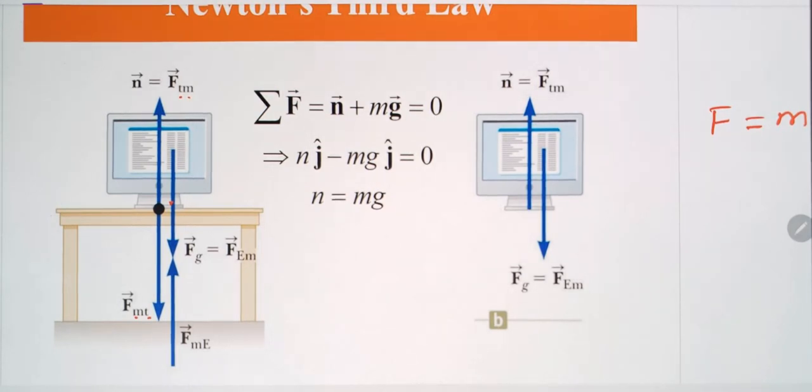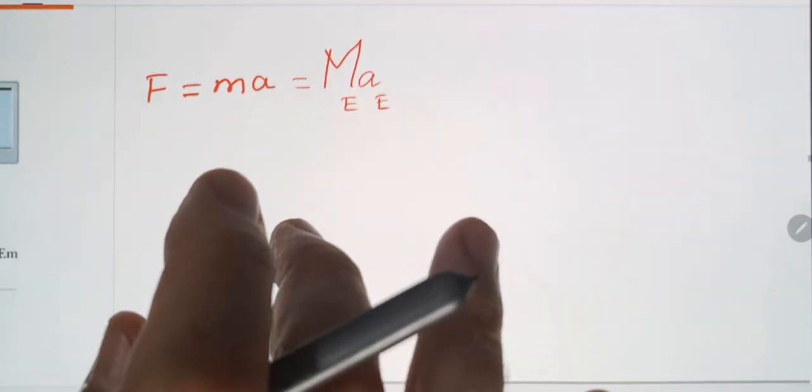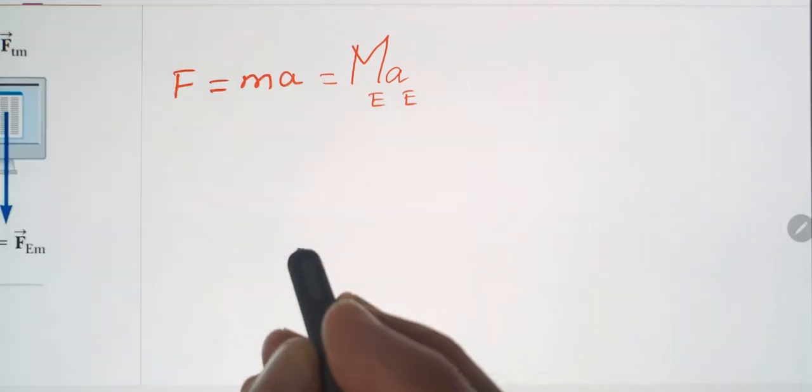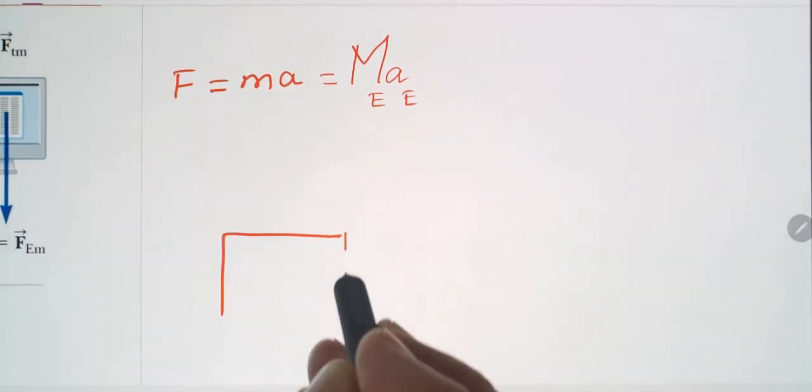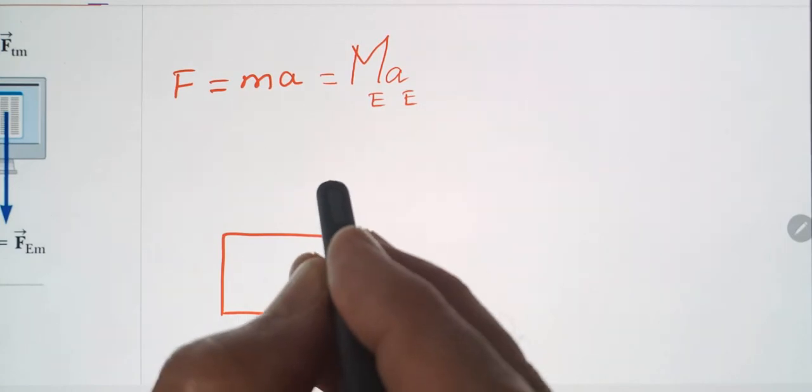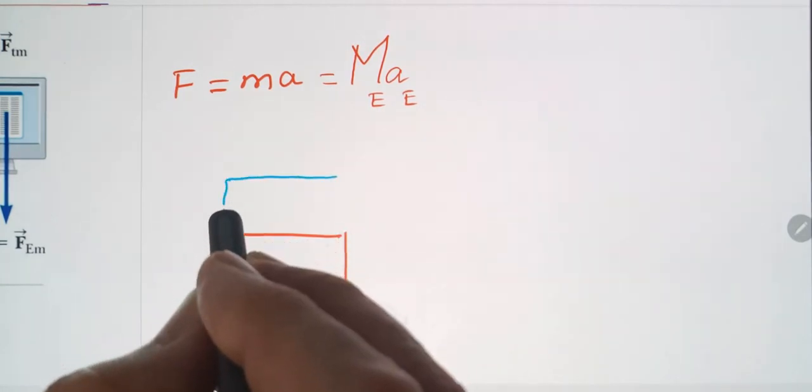Now pay attention that the action and reaction pair cannot be applied on the same object. Action in one object, reaction on the second object. For example, I have a red box, and on top of that red box I have a blue box.